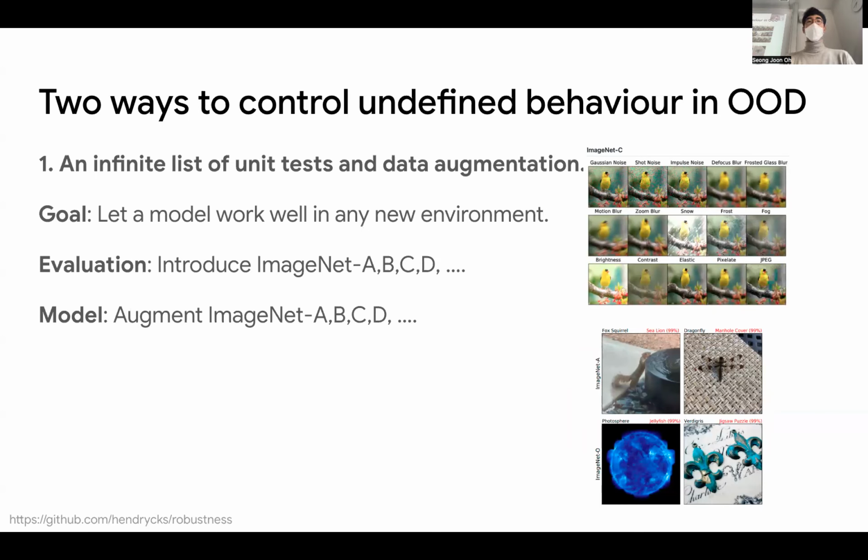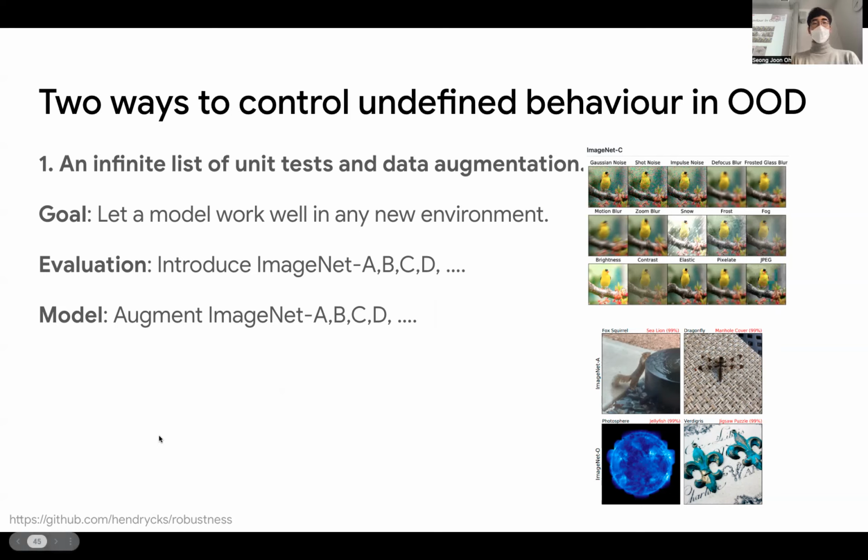So we have roughly two ways to control this kind of undefined behavior in out of distribution novel situations. First is to come up with an infinite list of unit tests and data augmentation, which is what we were also looking into in the previous section, right? We can introduce a new kind of evaluation set every time, ImageNet A, B, C, D, these days.